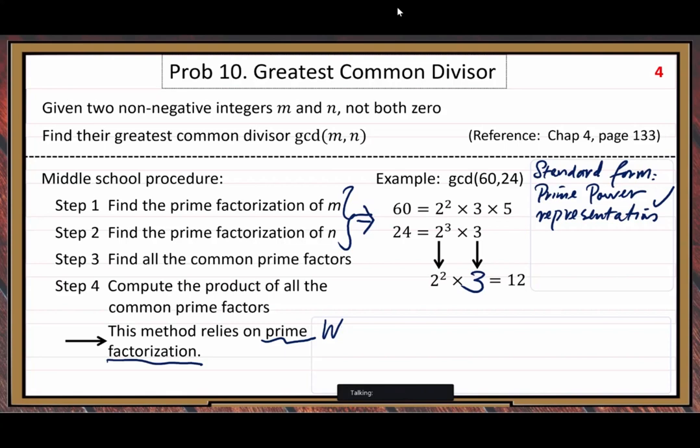But when we look at this question again, we need to consider large input. When m and n are very large, how large? You can imagine, very large.